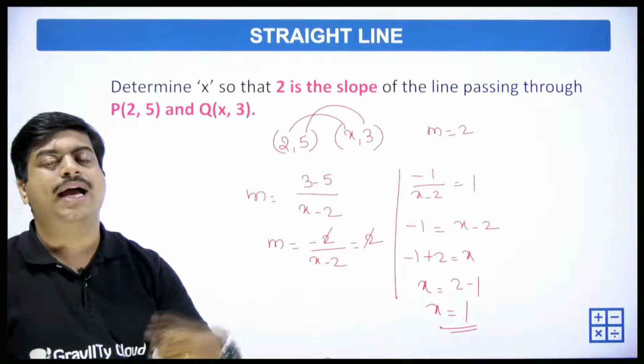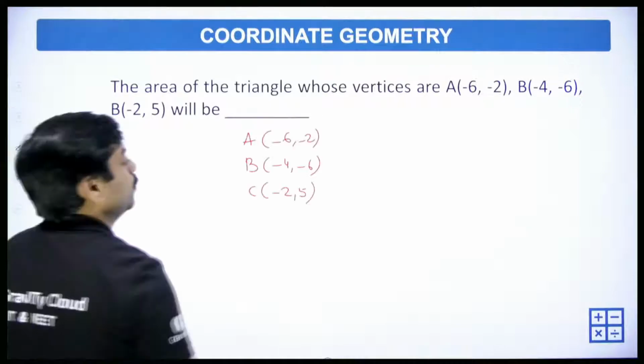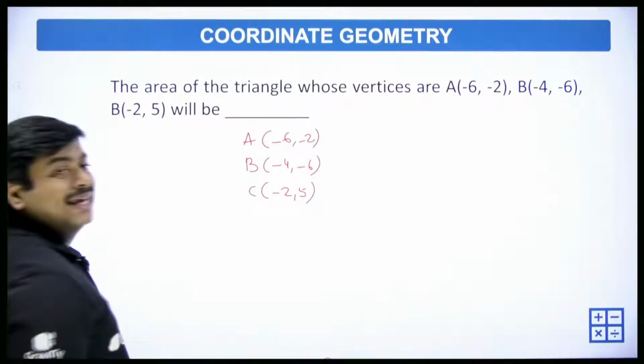Next one. So we have a couple of practice questions, so let's try to practice them. The area of the triangle whose vertices are A(-6, -2), B(-4, -6), C(-2, 5) will be? So we need to find the area, where these are x1, y1, x2, y2 and x3, y3.